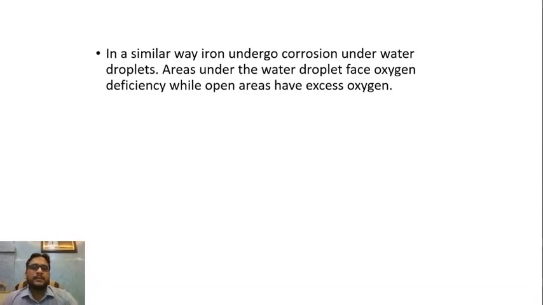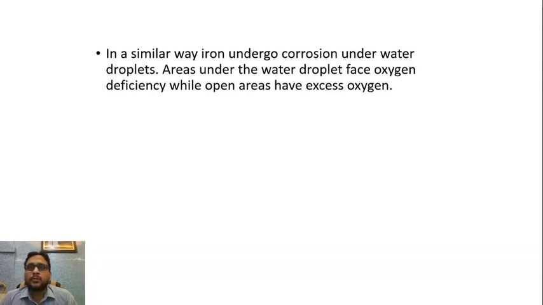In a similar way, we have corrosion of iron. For example, if a structure of iron or a rod of iron is kept in the open, and after raining, some portion of the iron rod is covered by water droplets while some portions are open.